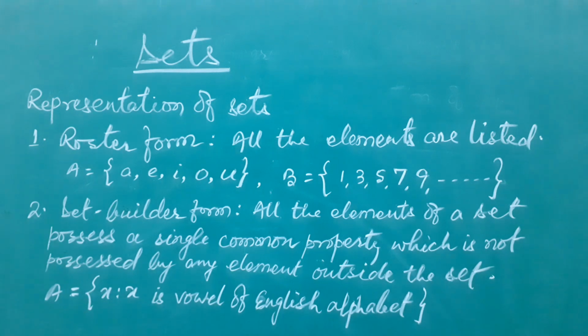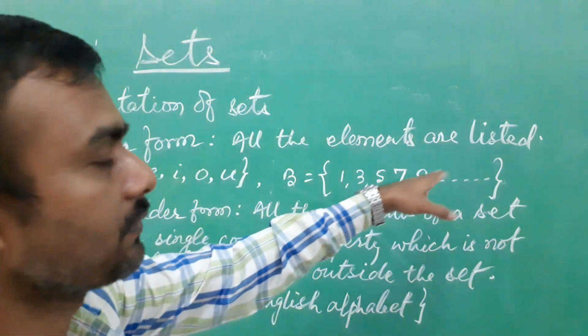Similarly, for the same group B, we can write x such that x is an odd number. So we can have the same 1, 3, 5, 7, 9, 11.